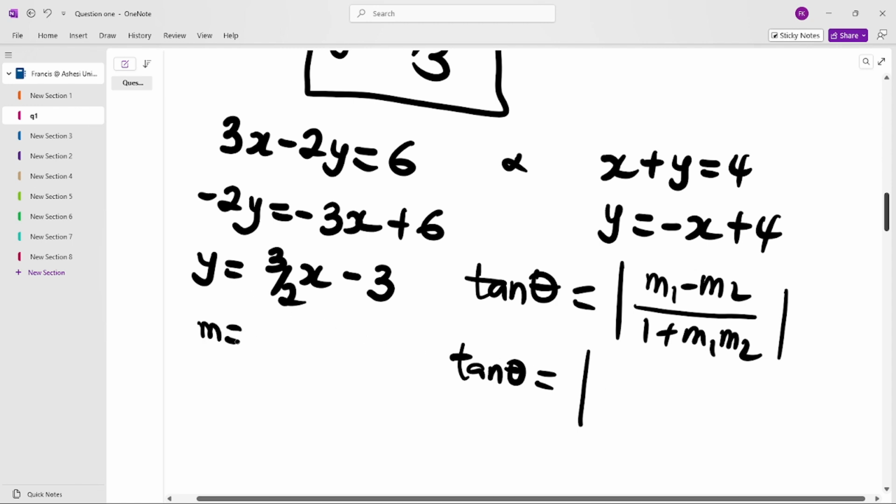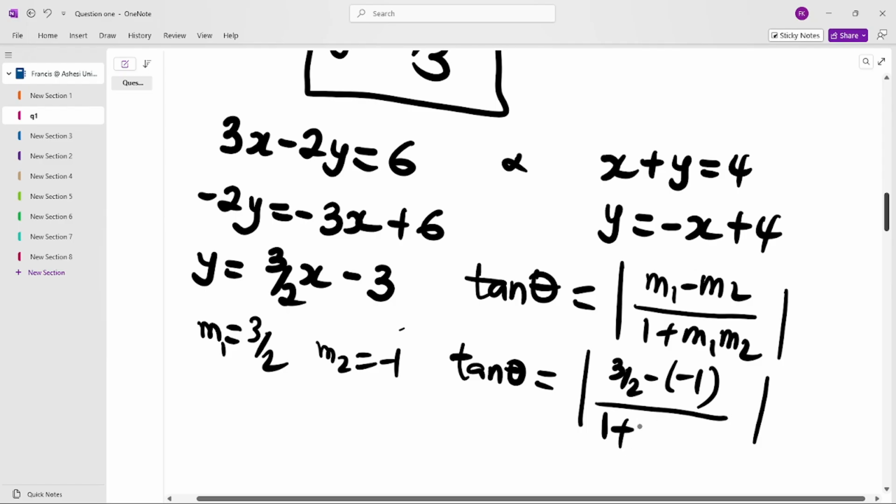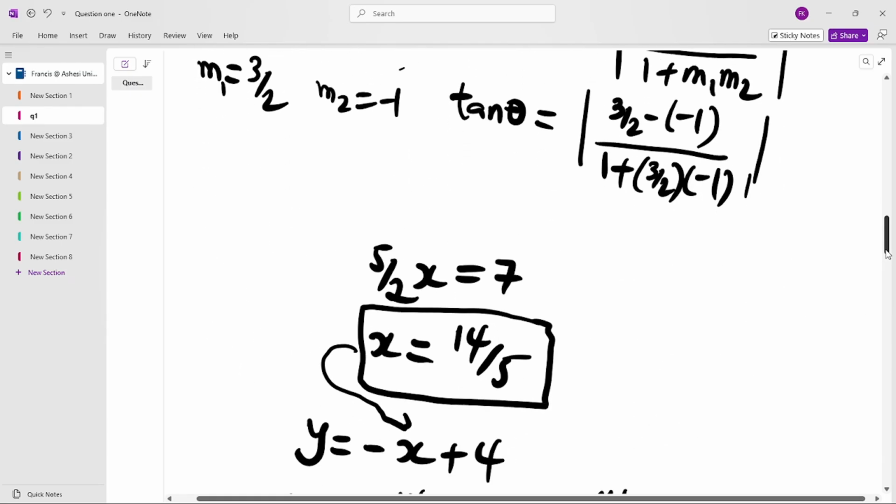My m1 is equal to 3 over 2, and my m2 is equal to negative 1. So I'll basically have 3 over 2 minus negative 1 all over 1 plus 3 over 2 multiplied by negative 1. So what am I going to have at the top here?